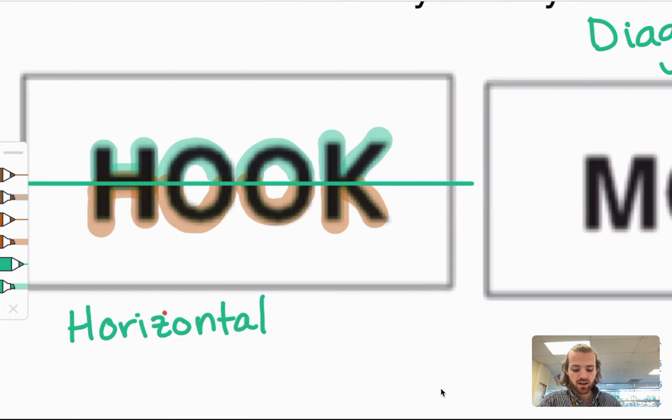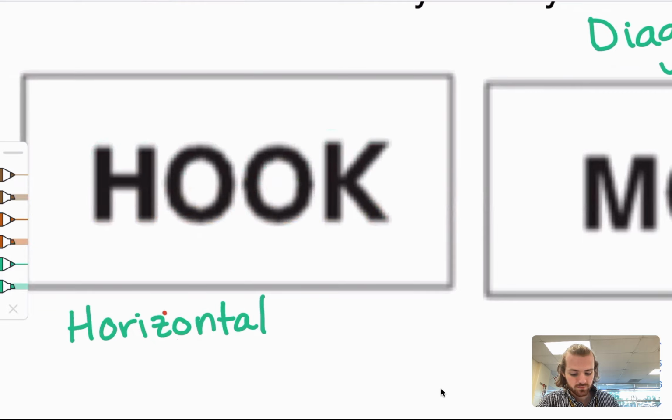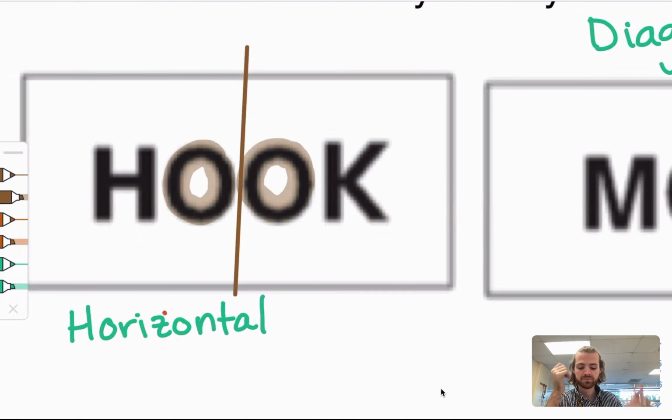Just to show you, if we had vertical symmetry, well, what would happen? Well, this O would be symmetrical, right? If I fold it, those O's would line up.